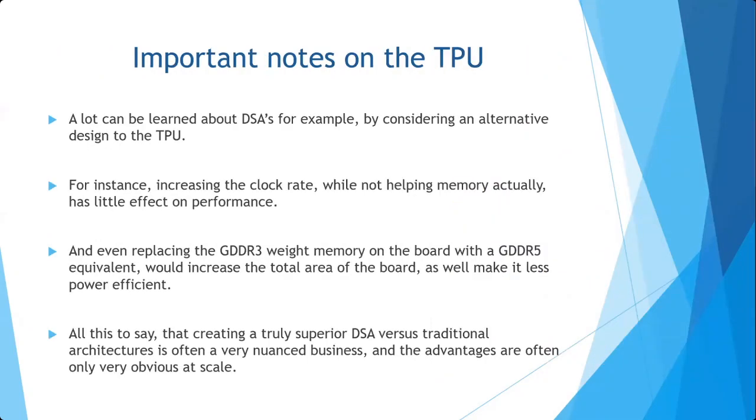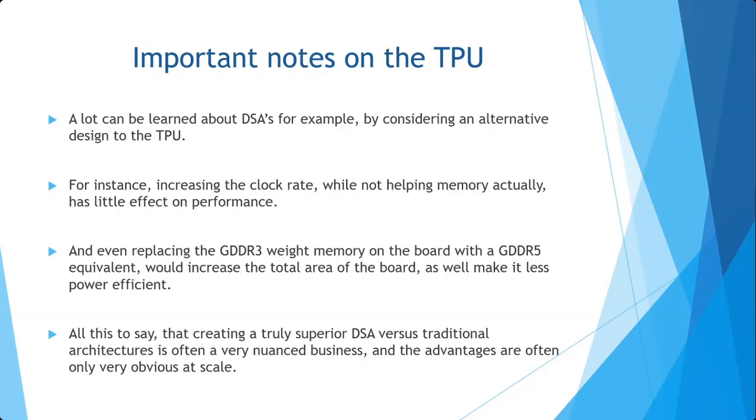Some more important notes on the TPU. A lot can be learned about domain-specific architectures by considering an alternative design to the TPU. For instance, if you were to increase the clock rate, it wouldn't necessarily help performance if you don't help the memory side of things. If you just artificially increase the clock rate of the CPU without optimizing memory on the chip, it doesn't really yield any dramatic increases in performance.